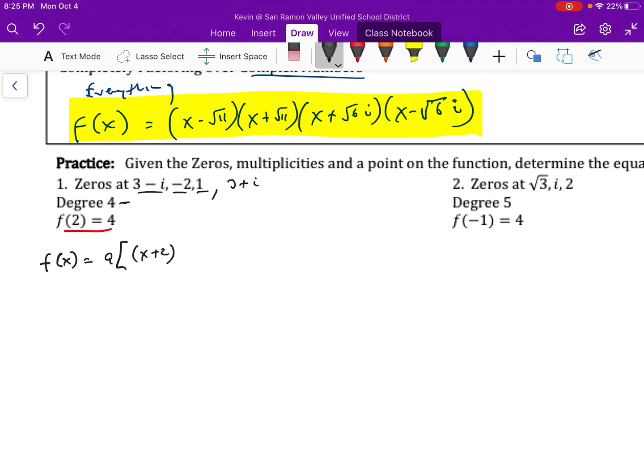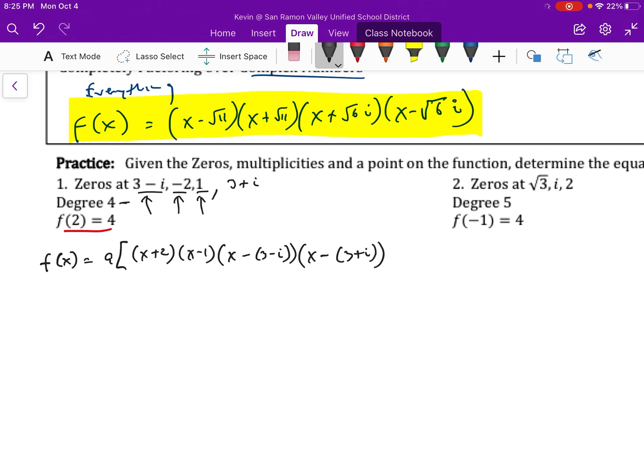And then I'm going to go, let's see, x plus 2. That takes care of my negative 2. x minus 1. That takes care of that 1. All right. And I'm going to have x minus 3 minus i, that's that right there.